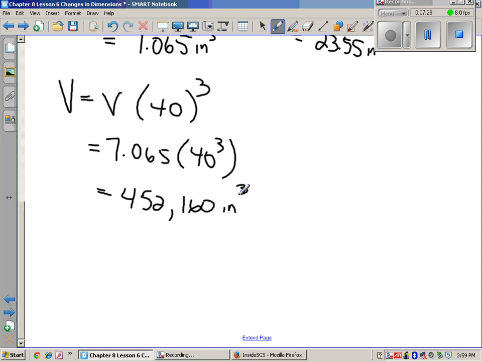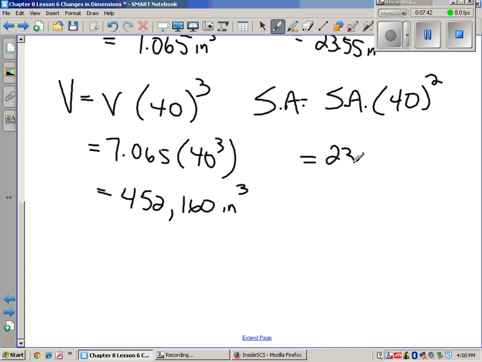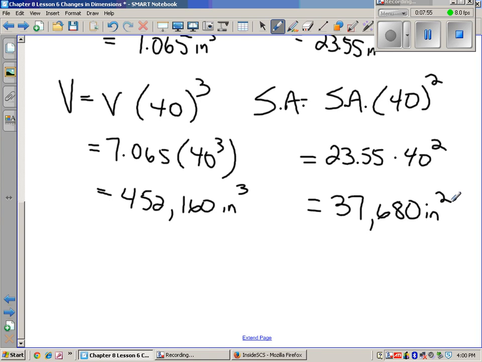Now let's take a look at the surface area for the giant puck. Once again, you take the surface area of the original, multiply by the scale factor, and square that. Our original surface area was 23.55 times 40 squared. Multiply that out, and we end up with 37,680 inches squared. Okay, there you have it.